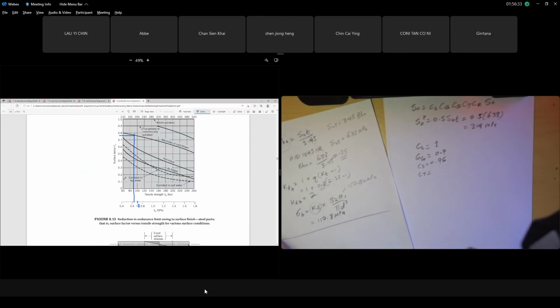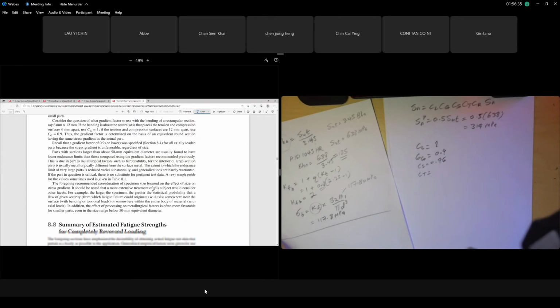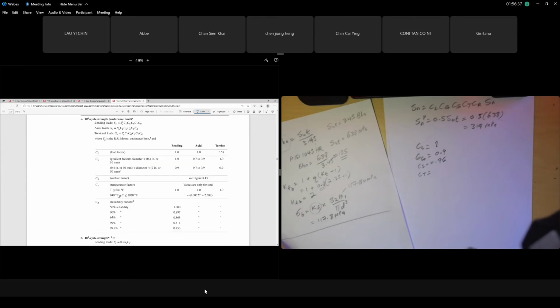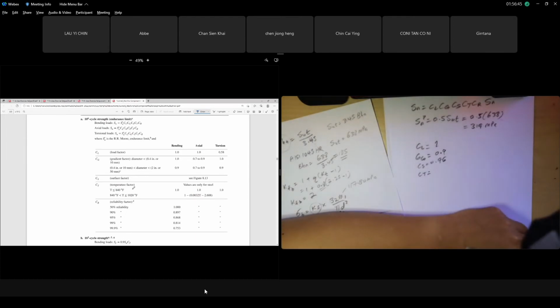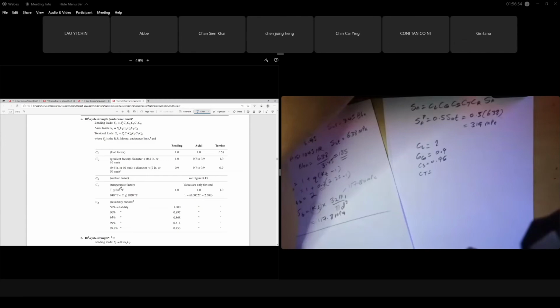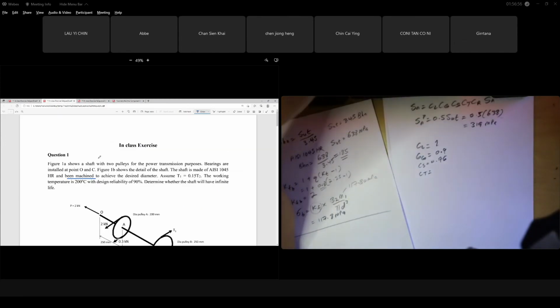So you look at this one for your temperature CT. Sorry, 473. Is it less than... no, they are in Kelvin.